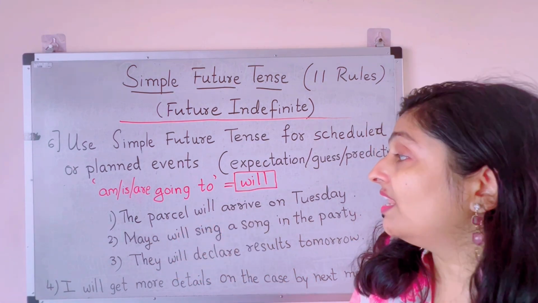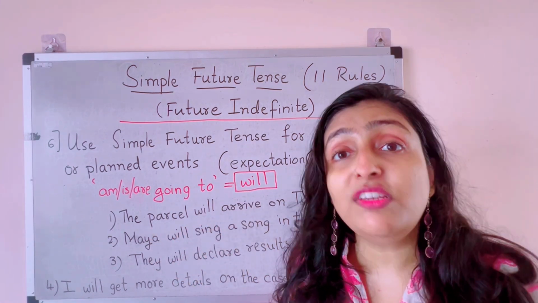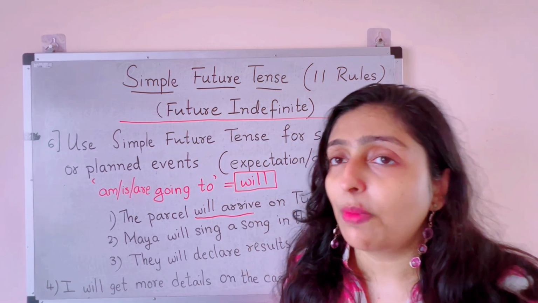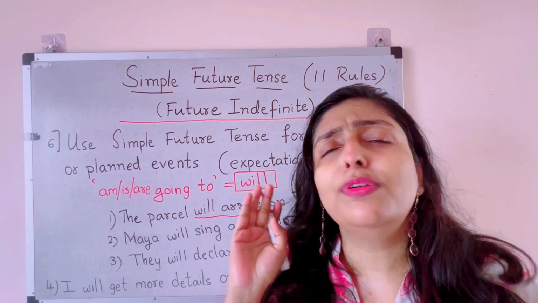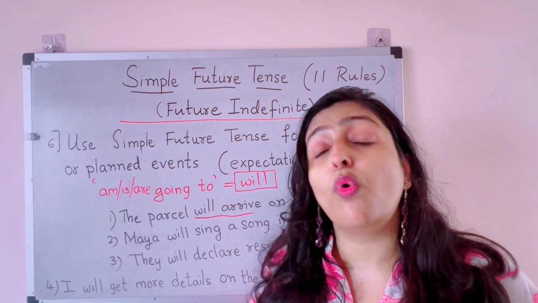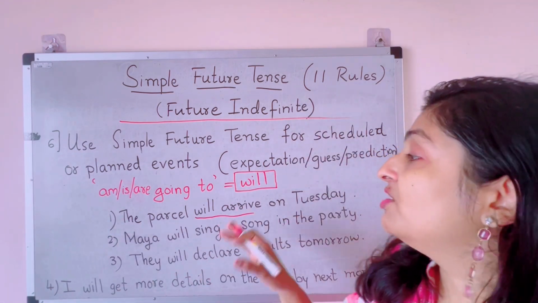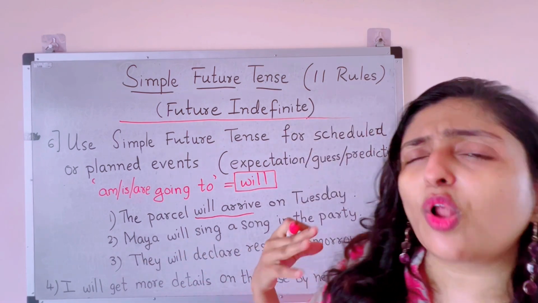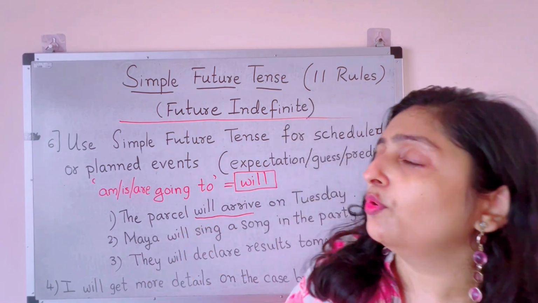The parcel will arrive on Tuesday. So this is the verb in simple future tense. So I have no doubt that my package, my parcel is indeed going to arrive by Tuesday. It will arrive on Tuesday. It's already planned. It's already scheduled.